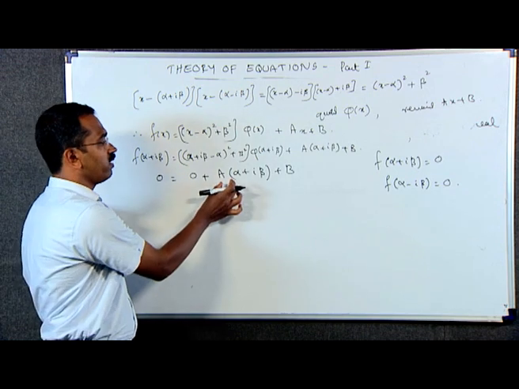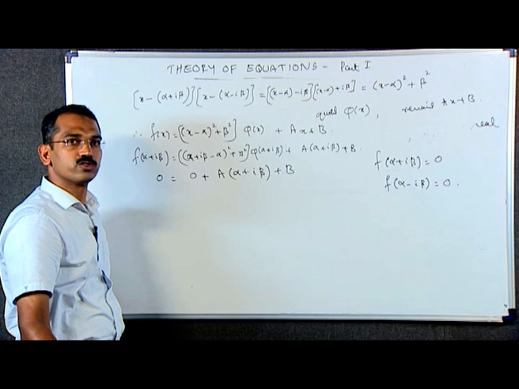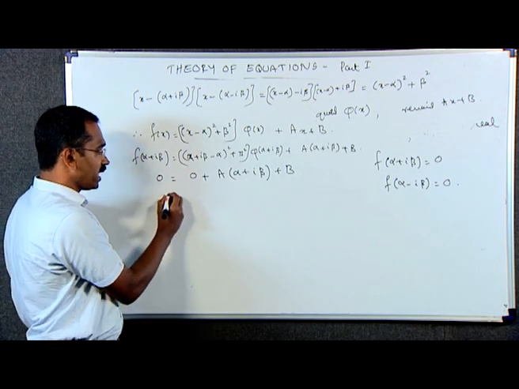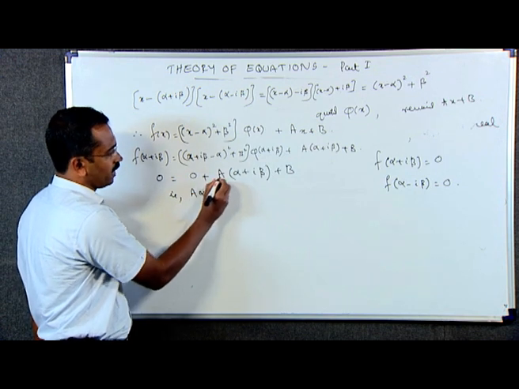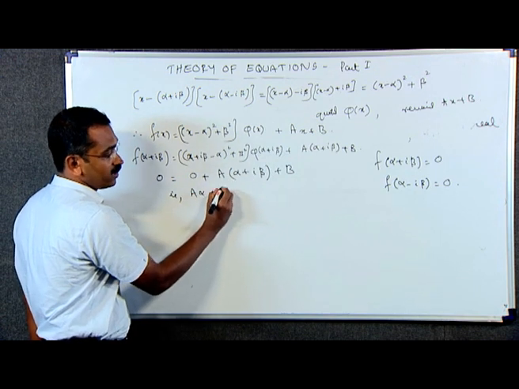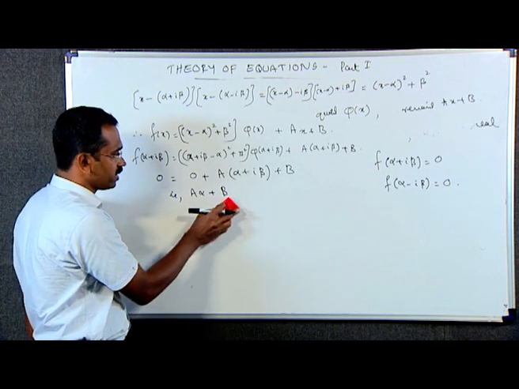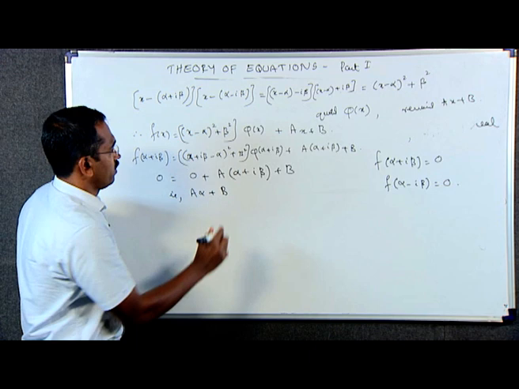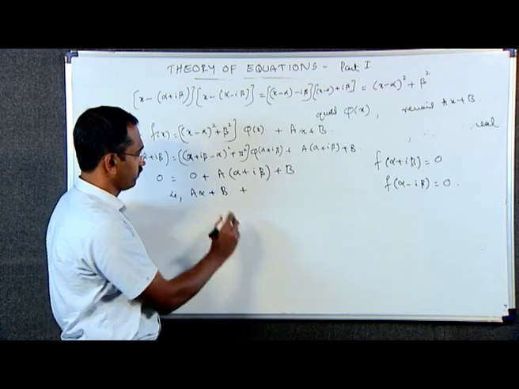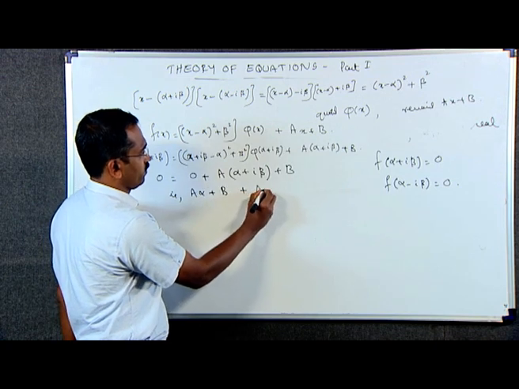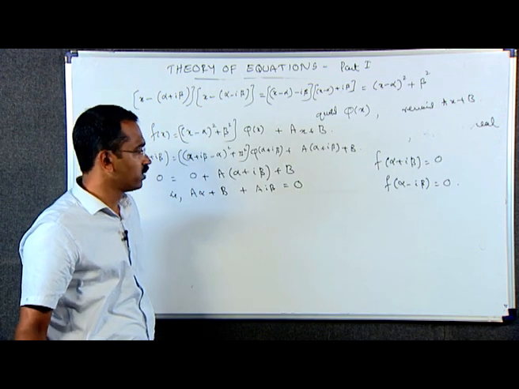That is a(alpha plus i beta) plus b is equal to 0. That is (a alpha plus b) plus a into i beta is equal to 0.